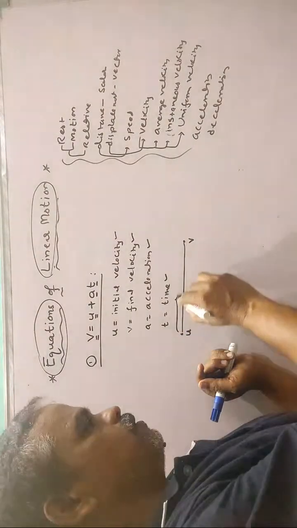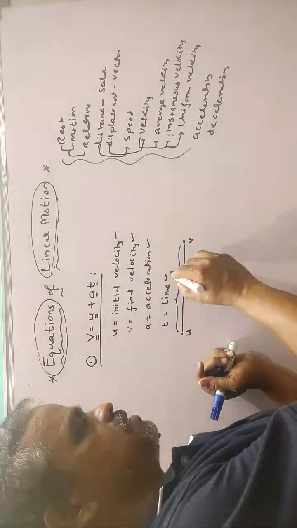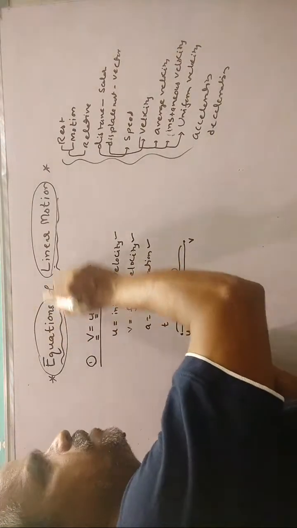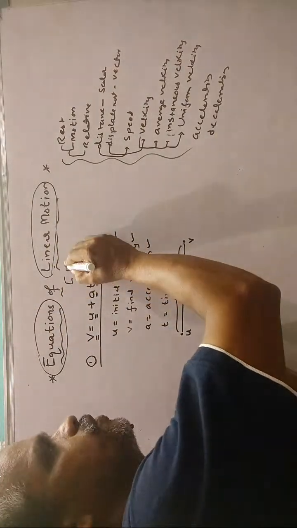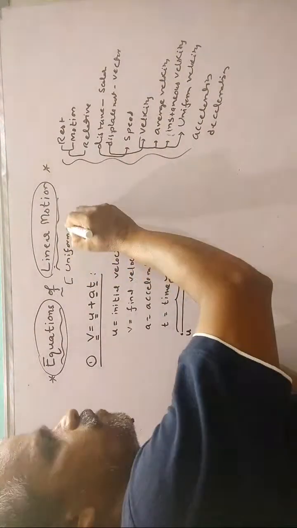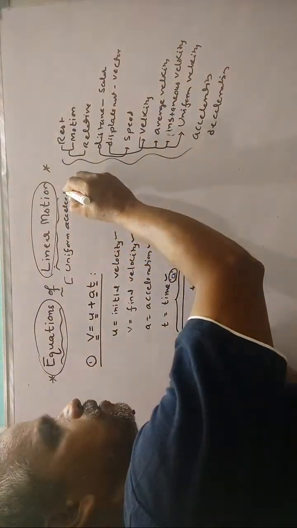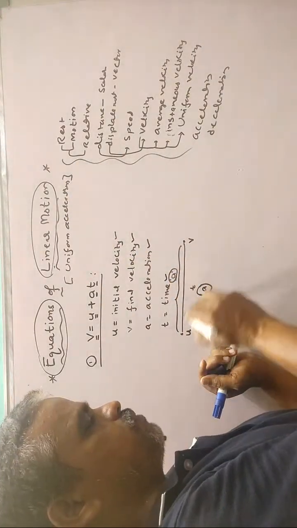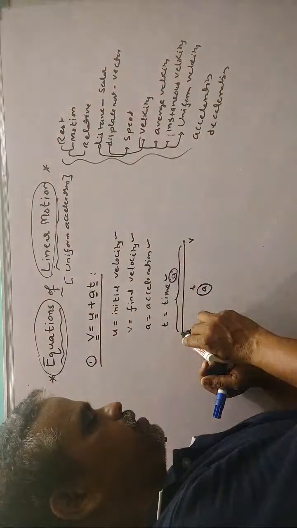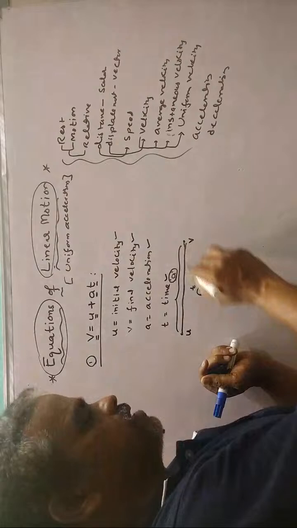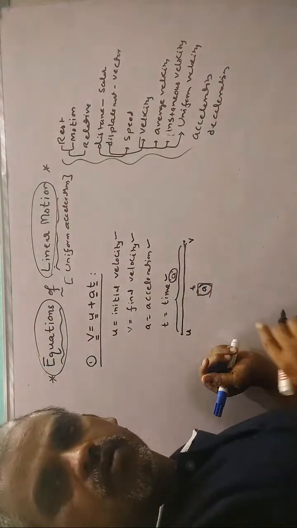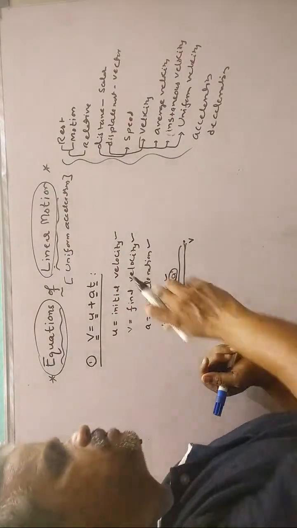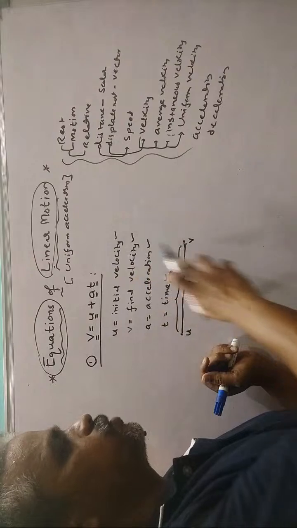Equations of linear motion we can apply to uniform acceleration bodies only. That means throughout the journey the acceleration should be the same, equal to a. This is how we can use this equation.